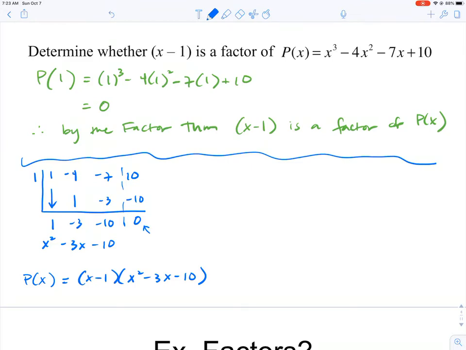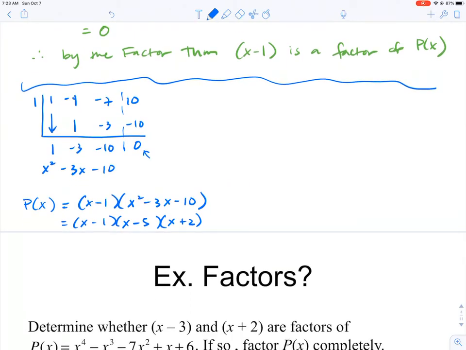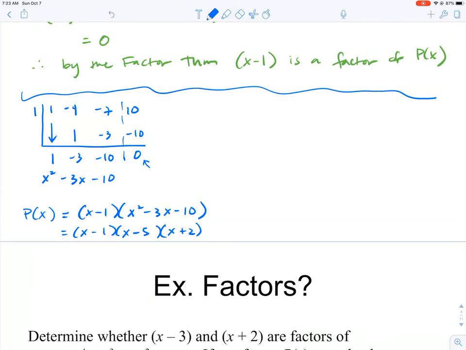And then since x squared minus 3x minus 10 is a quadratic, you guys know how to factor that. So now we've just factored the polynomial completely, which is helpful because now we can see that the real zeros would be 1, 5, and -2. Each have a multiplicity of 1.